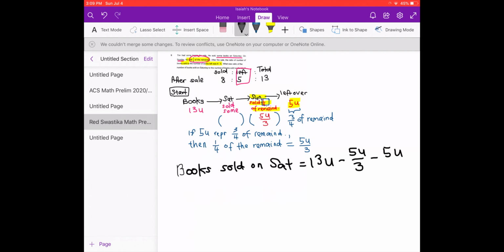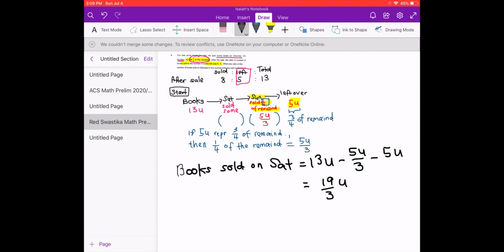If you work this out, 13u will work out to be 19 over 3u. So this will be the books that he sold on Saturday.